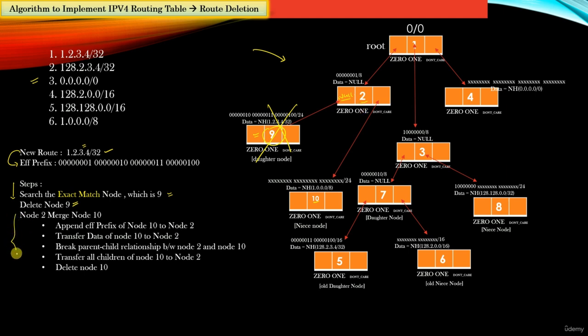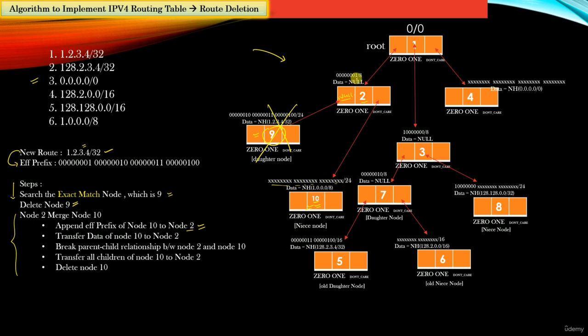So the following step is the node merging algorithm. Let us execute these steps one by one. The very first step says to append the effective prefix of the other child. Node 9's parent is node 2 and node 2's other child is node 10. So append the effective prefix of node 10 to the effective prefix of node 2. The effective prefix of node 10 contains 24 don't care bits.